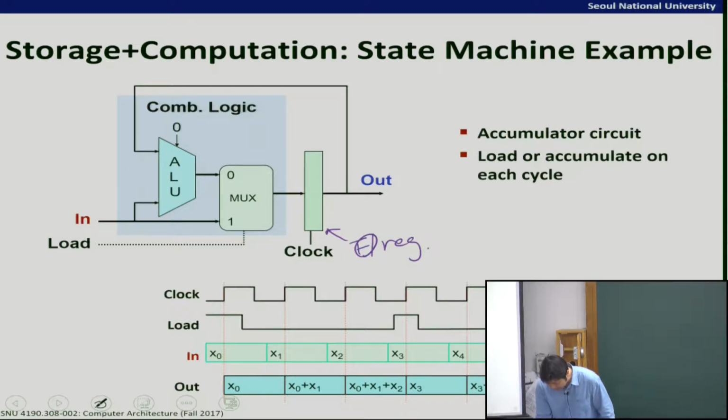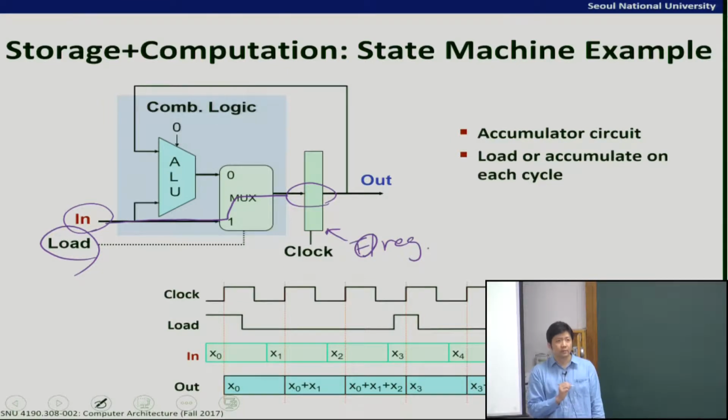So here, let's say there's also a load signal. If the load signal is 1, so if load is enabled, that means the input to this register is taken from this input value, like this. That means if the load signal is 1, the new value goes into the register.